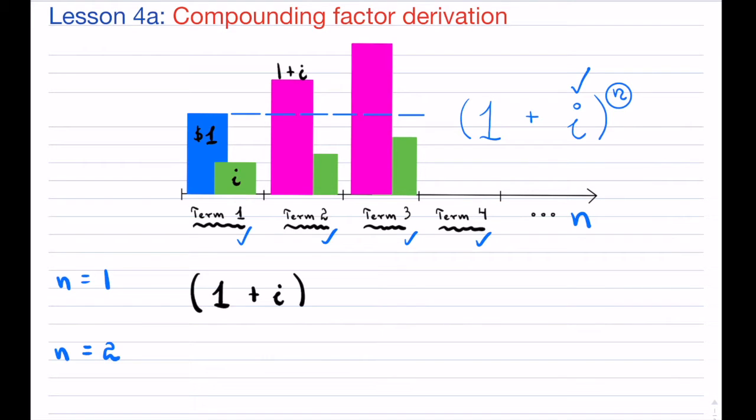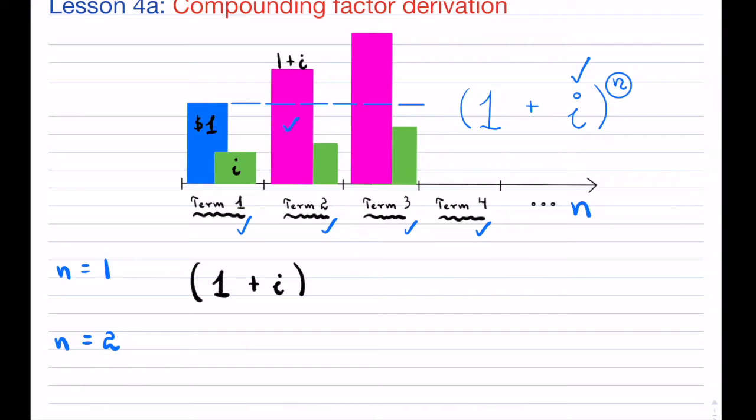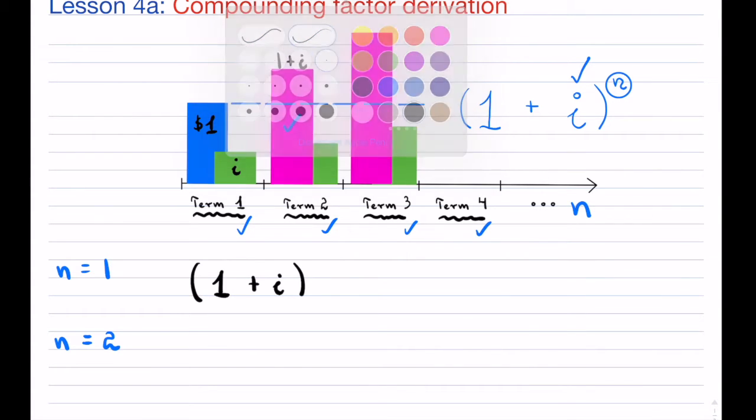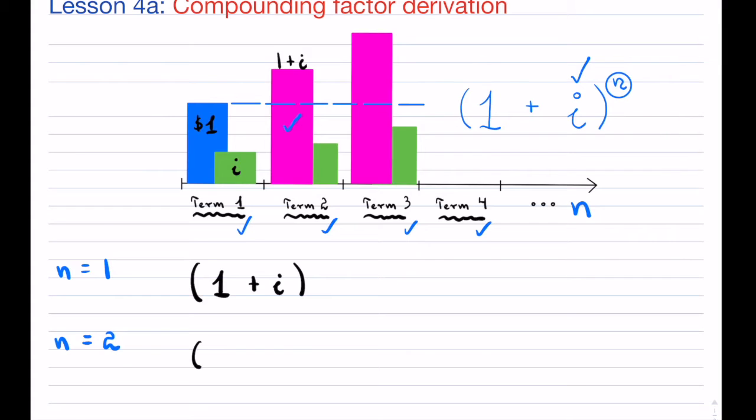If n is equal to 2, then what we have is the following. We are starting now with 1 plus I. That's our starting point. Plus, we're supposed to be adding our interest. But what is our interest?